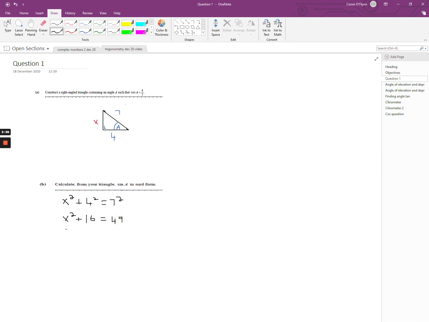Then x squared equals 49 minus 16. So x squared equals, let's work that out, 33.